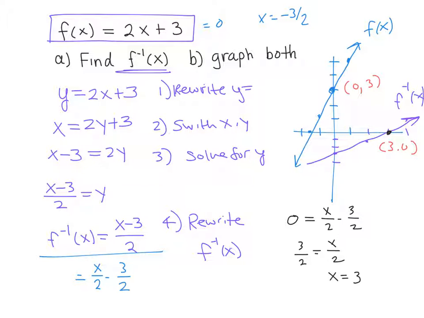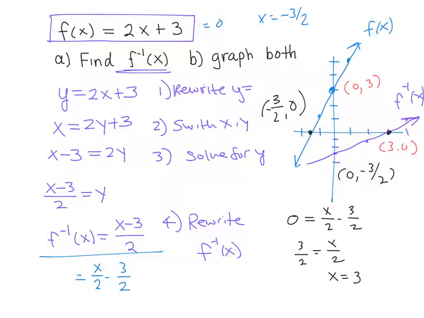And we already talked about the x-intercept on both of these cases. This one over here had a coordinate of negative 3 over 2 and 0. And that was also true when it was 0, negative 3 over 2.